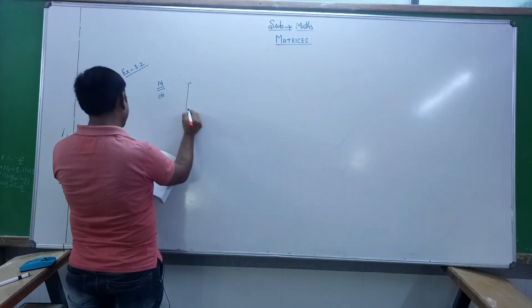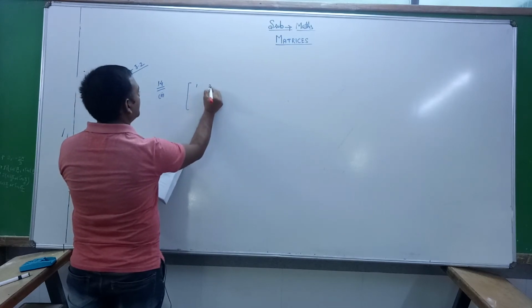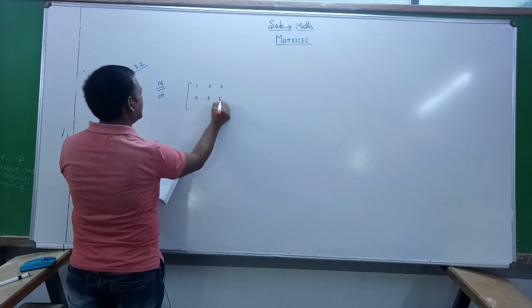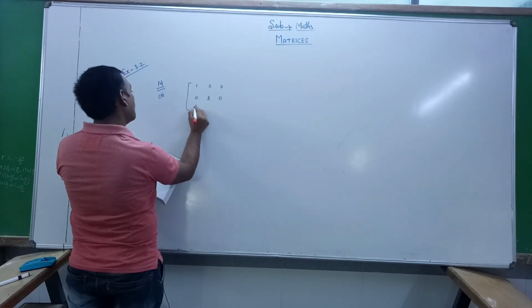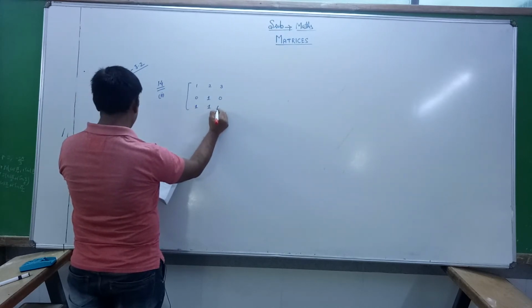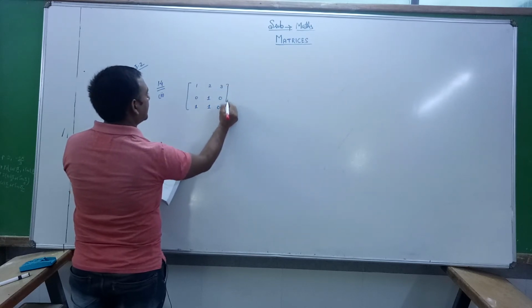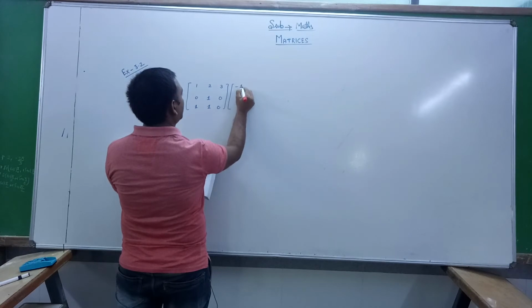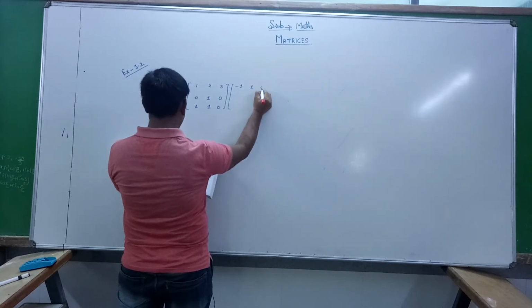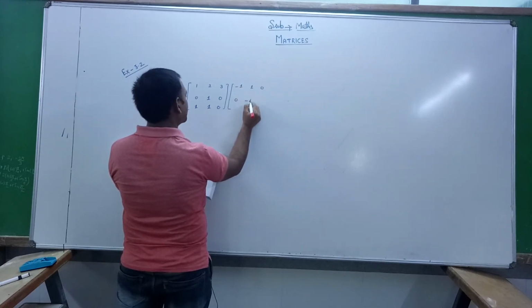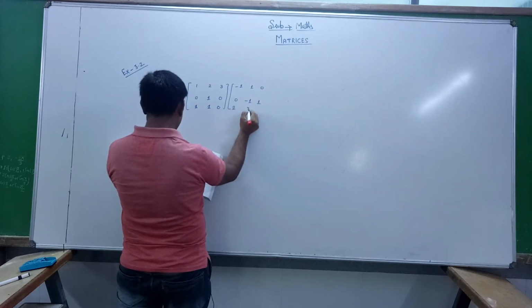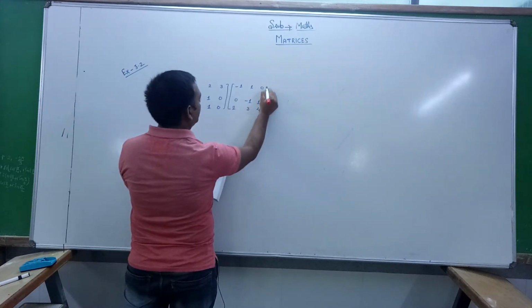Here the matrix is [1, 2, 3; 0, 1, 0; 1, 1, 0] and the other matrix has elements [-1, 1, 0; 0, -1, 1; 2, 3, 4].